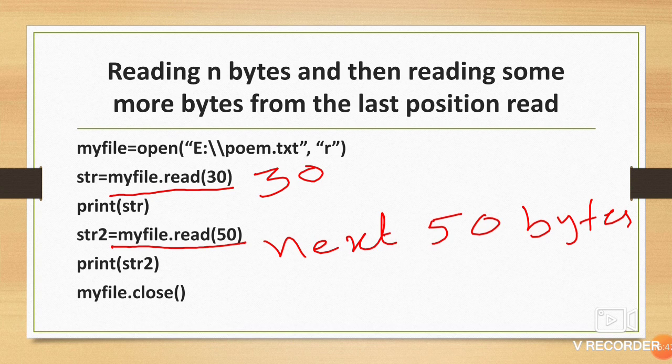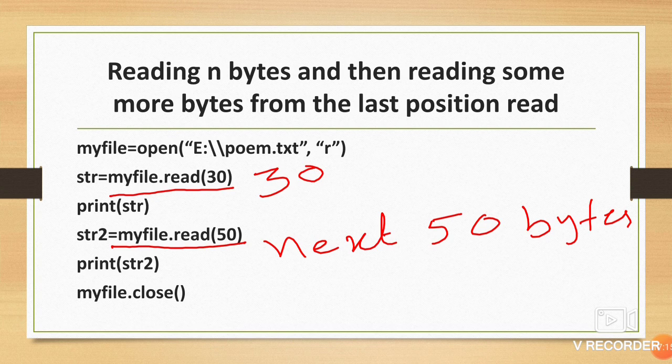It will start from the next 50 bytes. Meaning, if the first read method has read 30 bytes, then the next read method will read the next 50 bytes from the 31st byte. Clear? Then by using the print method we printed str and str2.